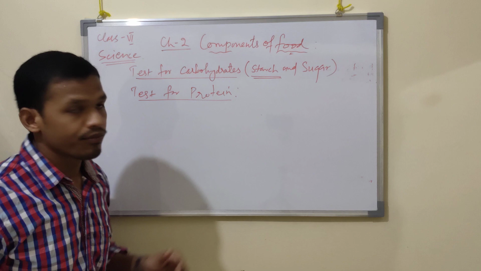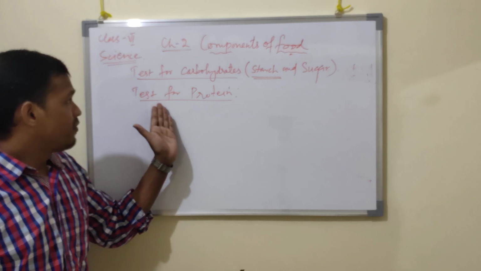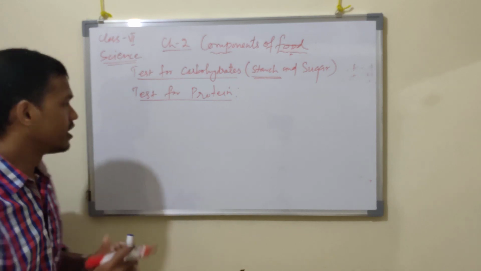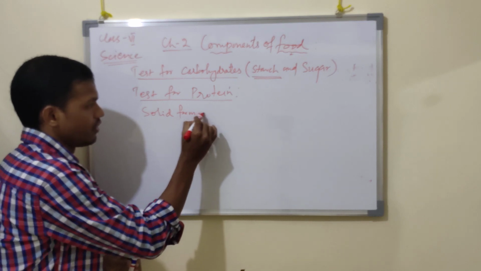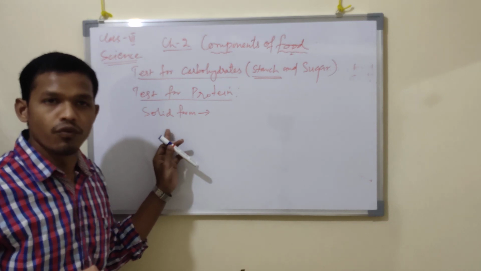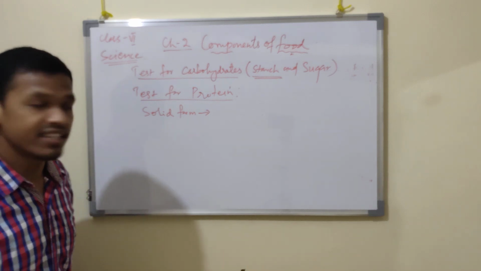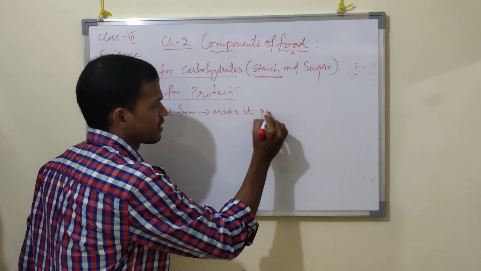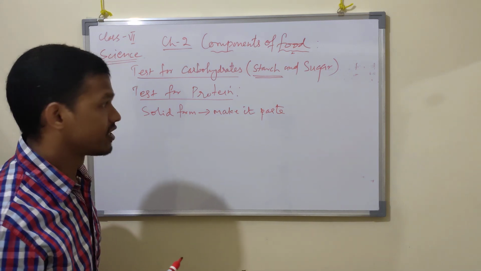Now we will test for protein. Before testing for protein, our food item is available in solid form, whether raw or cooked. Then you need to make it into a paste or powder.